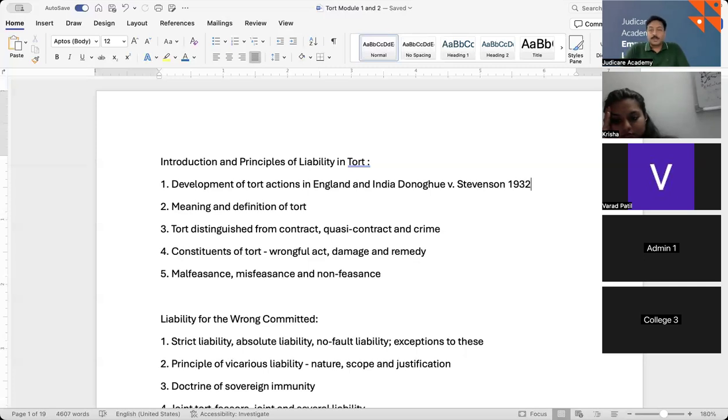Let's talk about some case laws in all the three. For malfeasance, the first case law we can talk about is R v Governor of Brixton Prison, 1979. So this is the first case law about malfeasance.